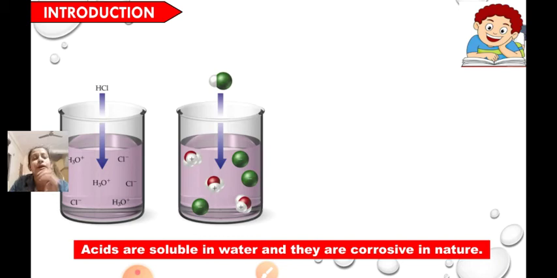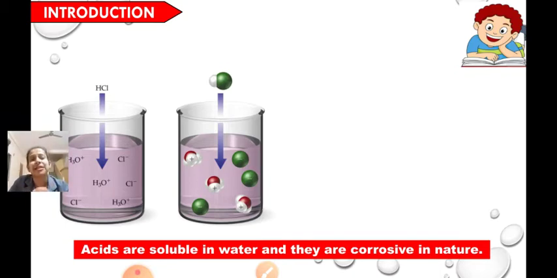Concentrated means a liquid is highly concentrated with the same compound, that is, of that acid only. For example, there are various acids: hydrochloric acid, sulfuric acid, nitric acid, phosphoric acid, carbonic acid, and so on. There are different types of acids. All these acids have the ability to get dissolved in water.